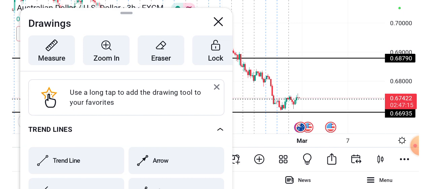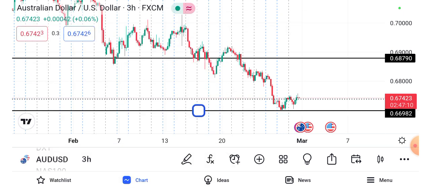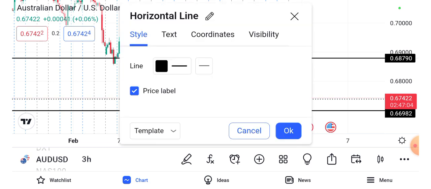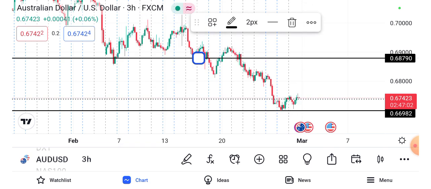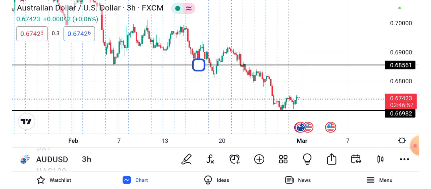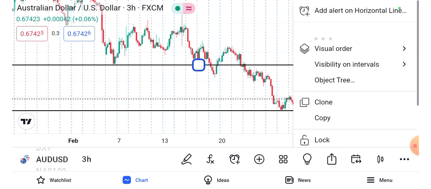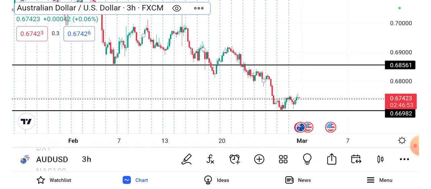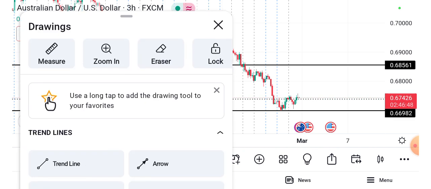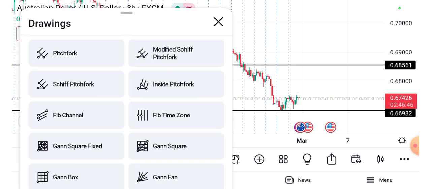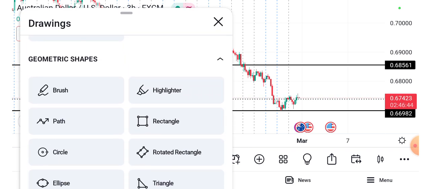Now, looking at this, guys, this level right here, we can see that there's a pattern that formed within that level, and it is clearly communicating with us that we are in a change of direction, right? Let me just adjust this properly. So we can see that we are in a change of direction, and this has formed a double what?